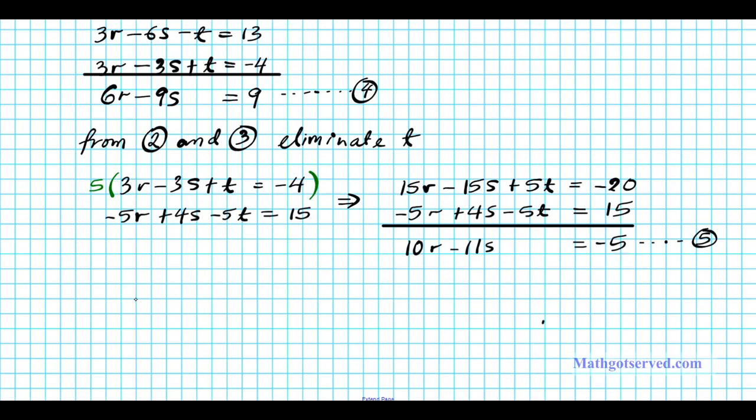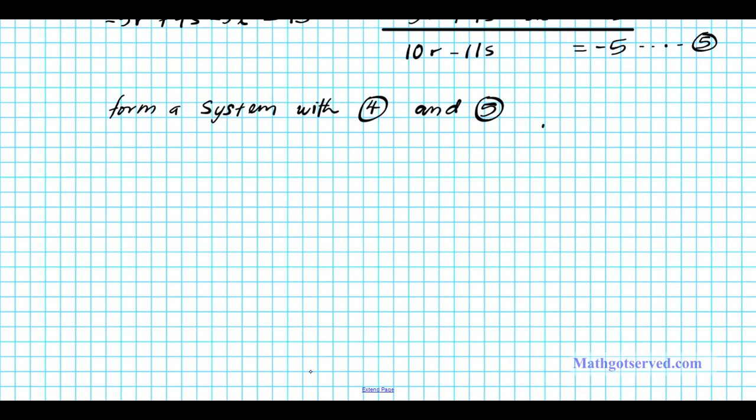We're going to form a system with equations 4 and 5. That will help us find out the values of r and s if they exist, and then we'll find the final one, t, using one of the original equations.